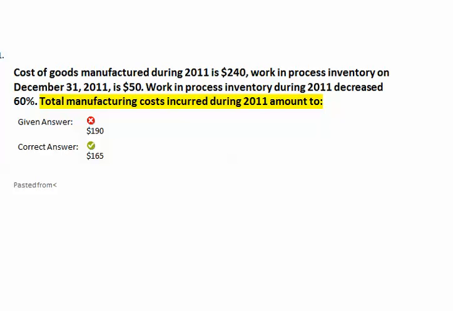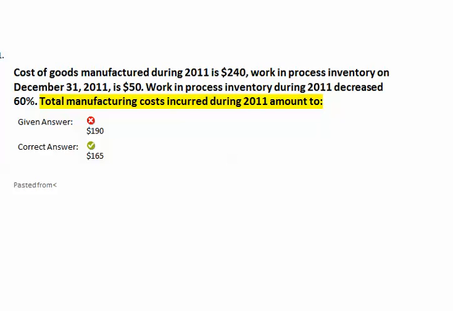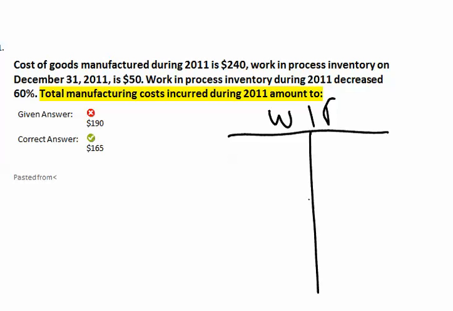I'm going to start out by drawing a T account. I like to use T accounts. It helps me visualize. So I'm going to come down here and give myself a little bit of room right here. My work in process.